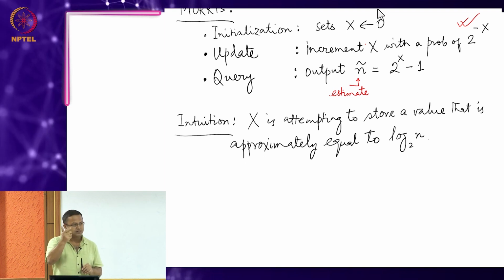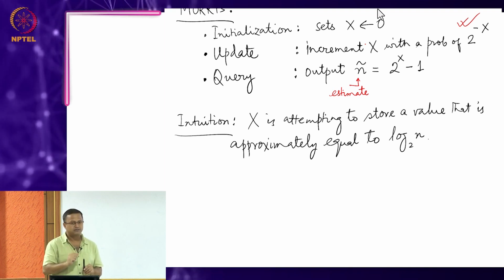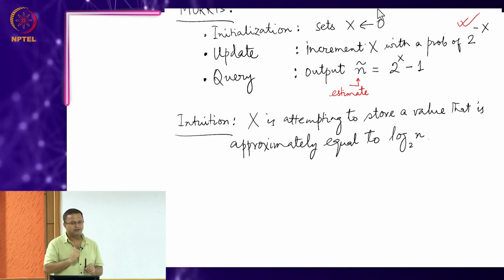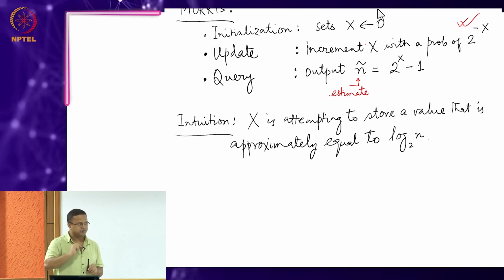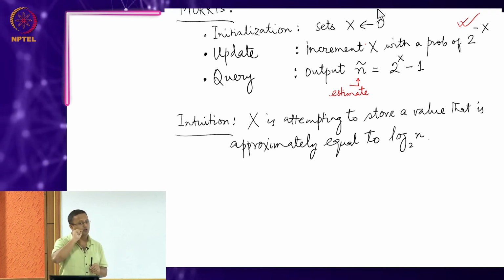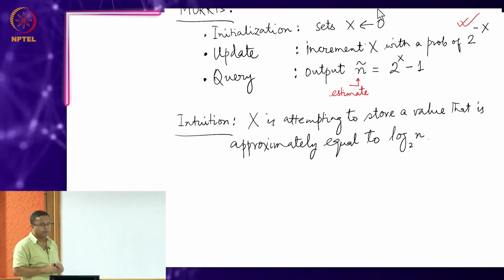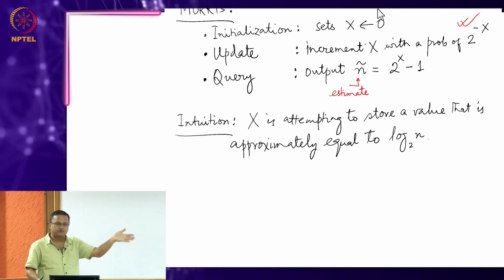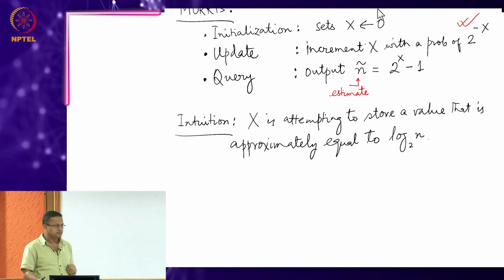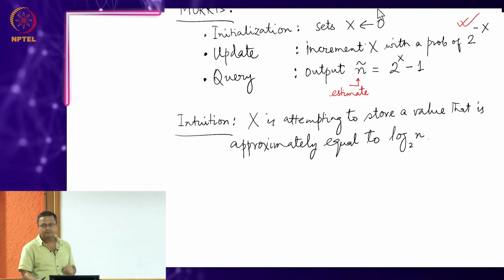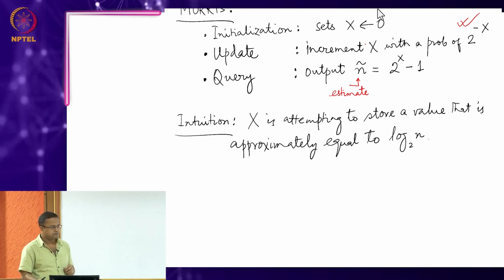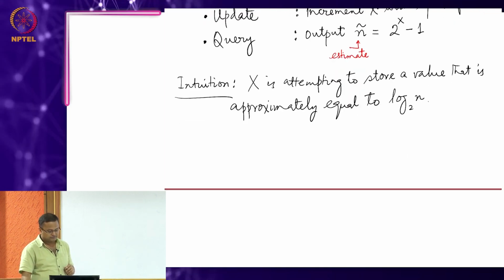So, the number of bits that you need to encode capital X would also be a random variable, and that is your space. So, your space is also now becoming a random variable. Like say for example, time was a random variable in your case for quick sort or quick select. Fine.